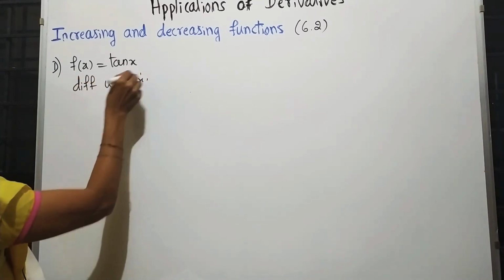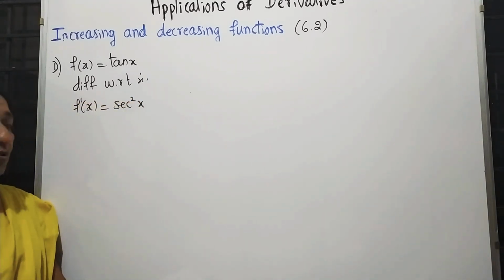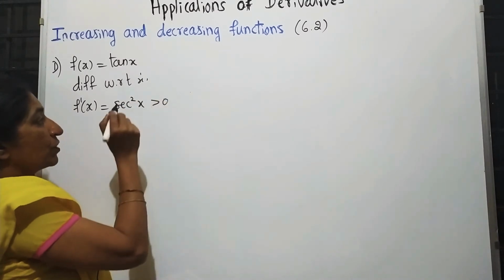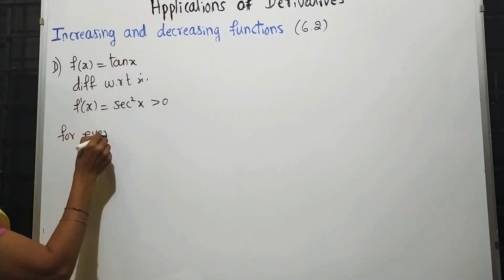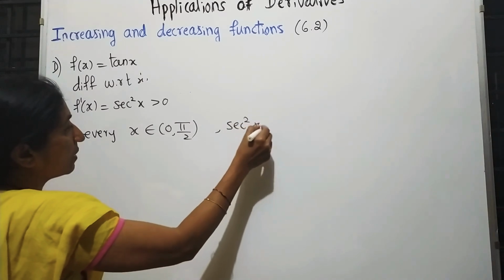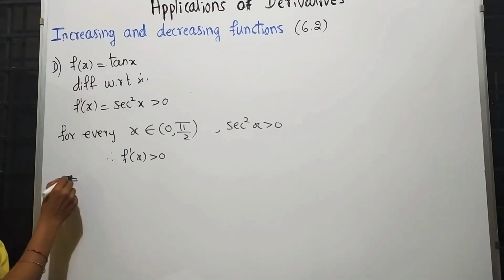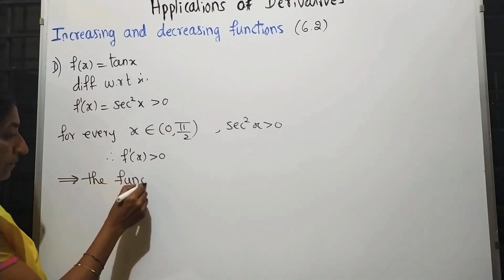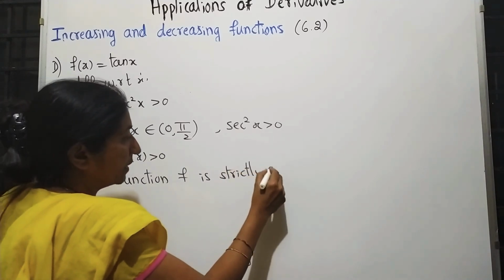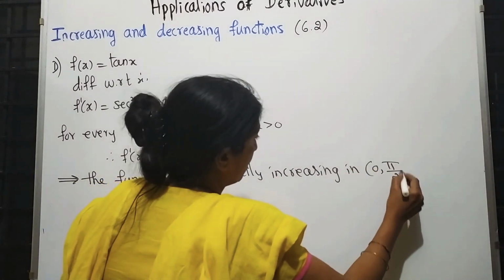Differentiating with respect to x, f dash x is secant square x, and you know that sec x is positive in the first interval 0 comma pi by 2 and secant square is also positive, because for every x belongs to 0 comma pi by 2 secant square x is greater than 0, therefore f dash of x is greater than 0, implies the function f is strictly increasing in 0 comma pi by 2.